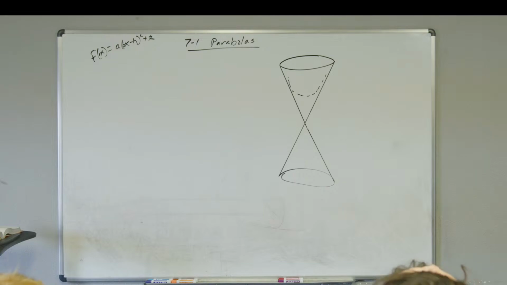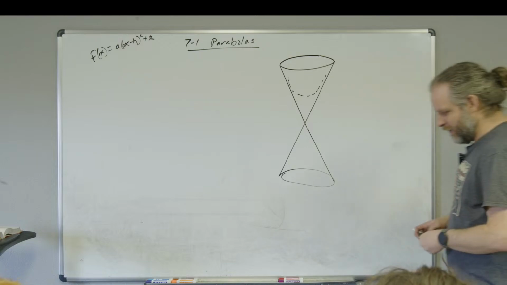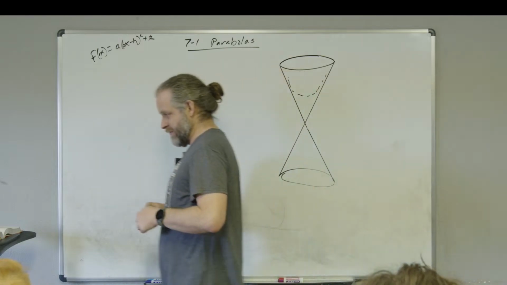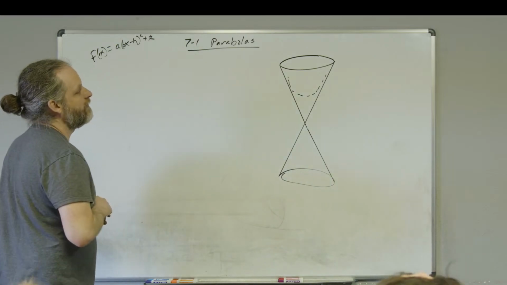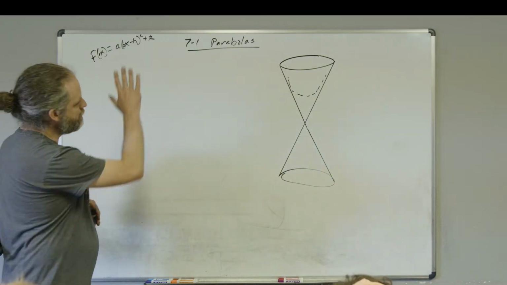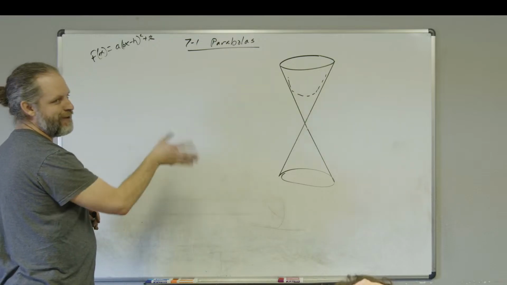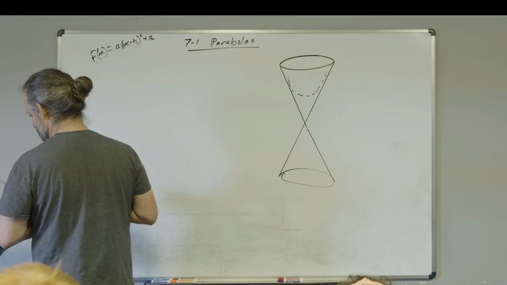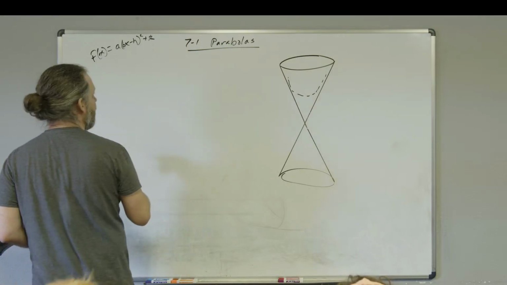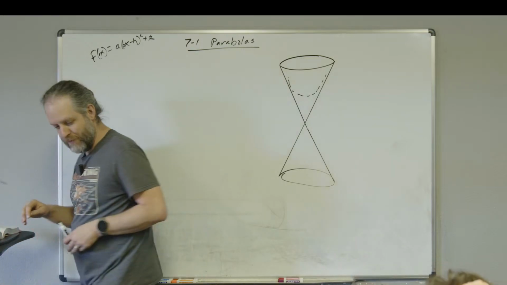Because now, not only can we have parabolas that are functions of x, we can have parabolas that are functions of y. In other words, we can have this parabola, and the sideways ones. And if we have 2 parabolas, then in the next lesson we end up with hyperbolas.